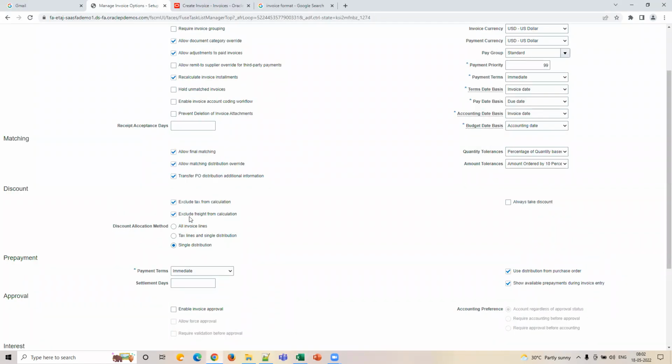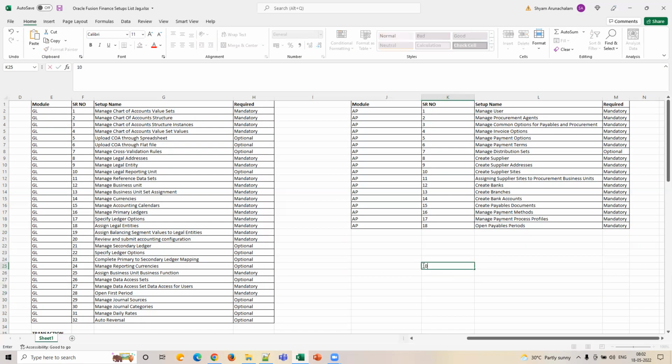Then discount. This discount, if you enable this checkbox option, let me take an example. 100 is your invoice number. You have 10% of GST. Invoice amount. Okay, let me put it as invoice amount.